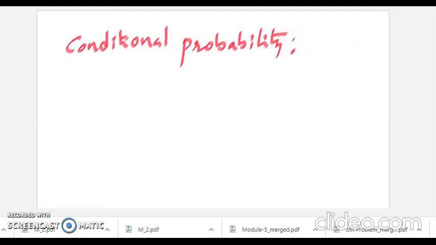What is conditional probability? Here, E1, E2 are two events in the sample space S, and P of E1, the probability of the event E1, is not equal to 0.